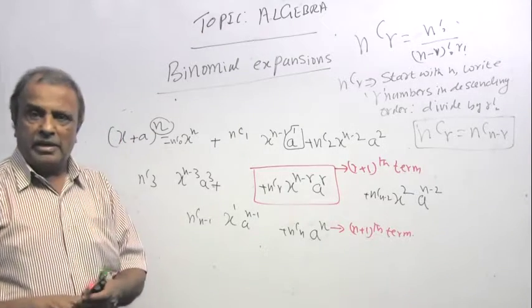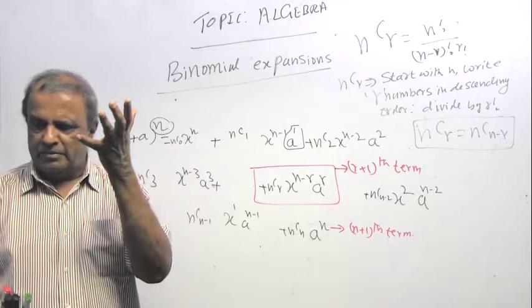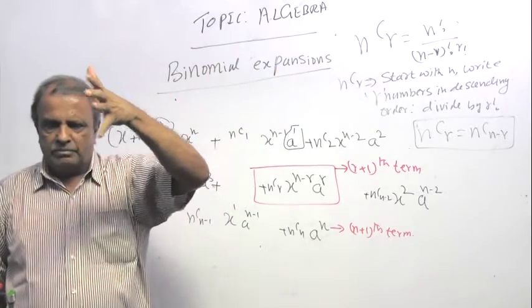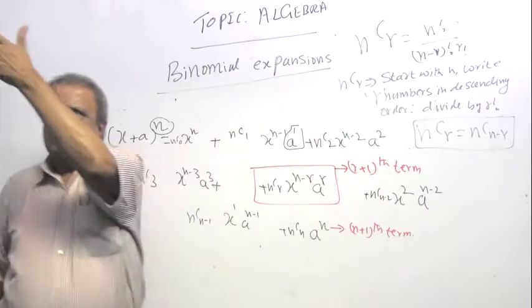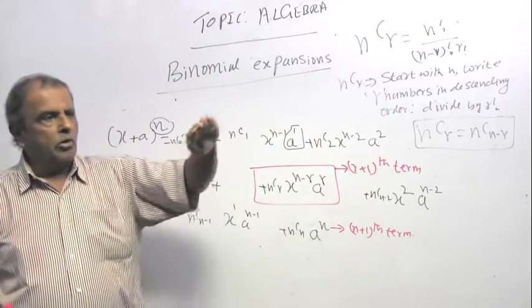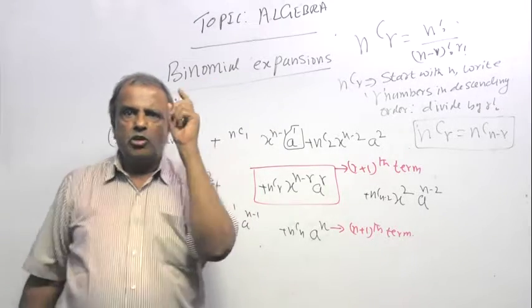But I would prefer you use the properties. What are the properties to recollect? x plus a power n starts with x power n and ends with a power n. The powers of x keep going down, the powers of a keep going up. The total power in any term should always be n.